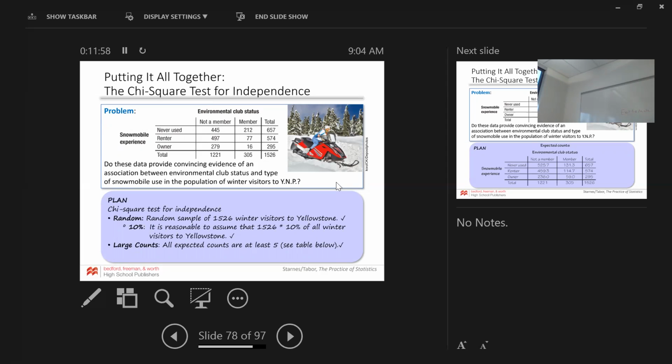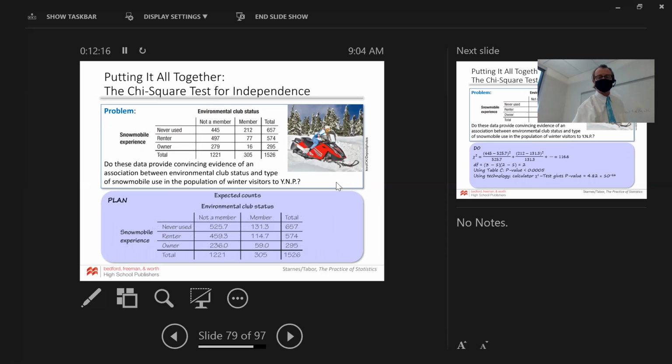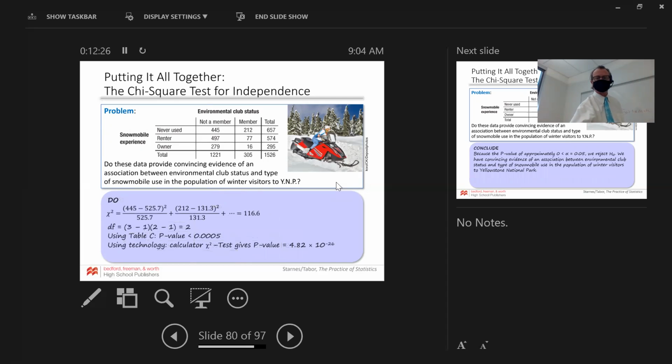The conditions, SRS. Yep, we had an SRS. There's more than 15,260 snowmobile operators. And all the expected counts will be greater than 5. That's going to come up. They're the expected counts. And you could say the lowest expected count's 59, and that's greater than 5. So what happens? We get a p-value, which is essentially 0.